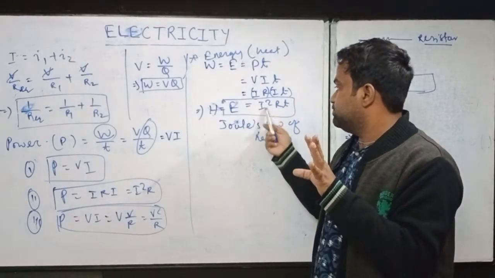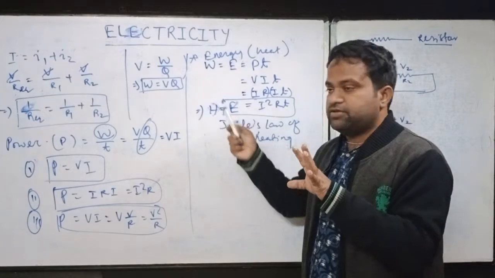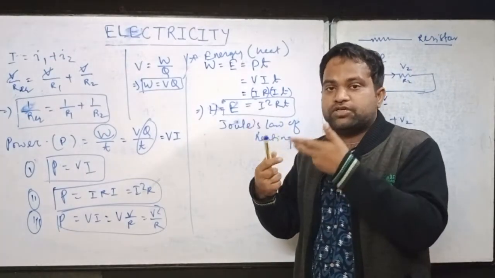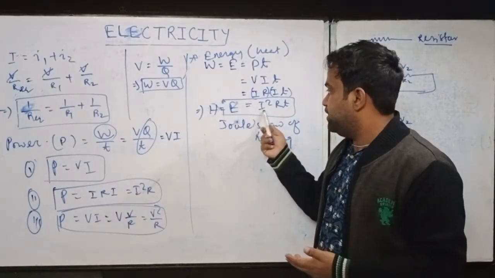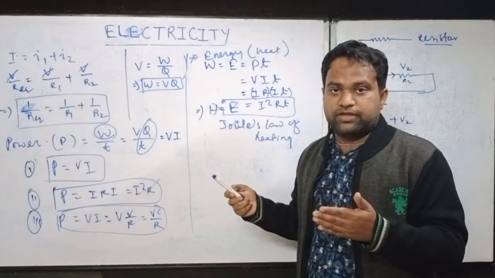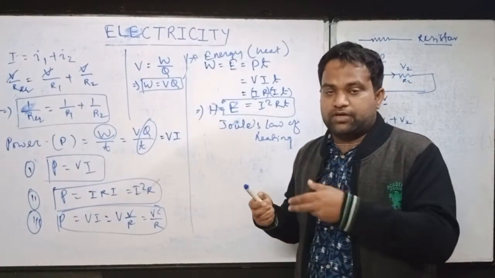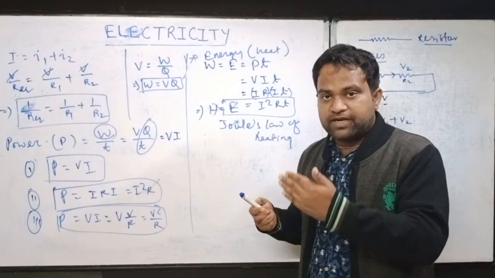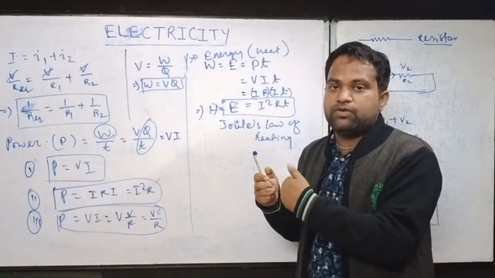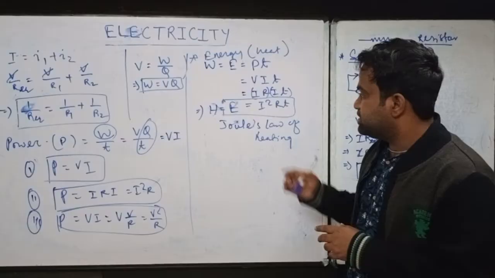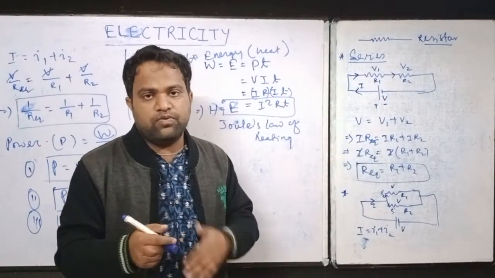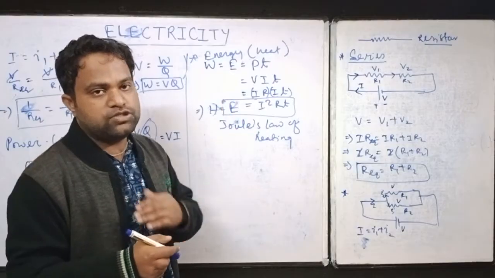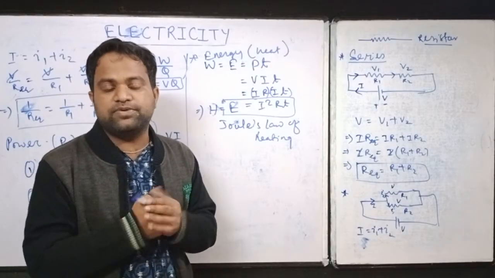So I suddenly becomes more, and some material is there which has a low melting point, so it will melt quickly. When extra current comes up, heat energy will be produced, the material will be heated and it will melt. In this technique the fuse is used to protect household appliances, but nowadays the fuse is replaced with the miniature circuit breaker, MCB, right?